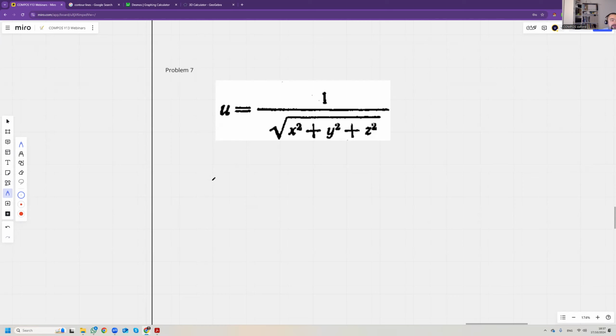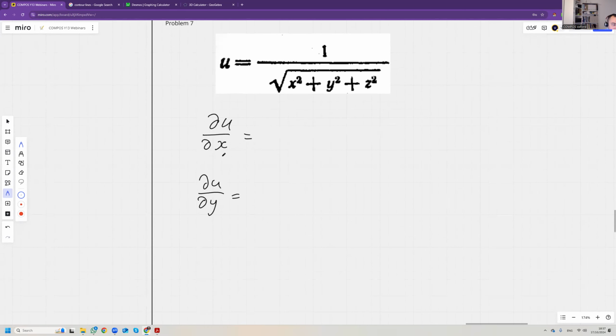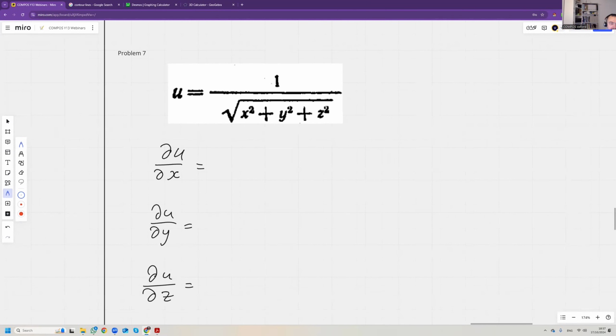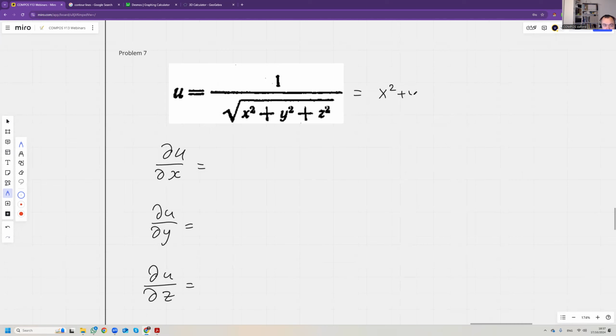This next one is a function of 3 variables. Here you just need to find ∂u/∂x, ∂u/∂y, and ∂u/∂z. They're going to be very similar. I'm going to write it as (x² + y² + z²) to the power minus a half.